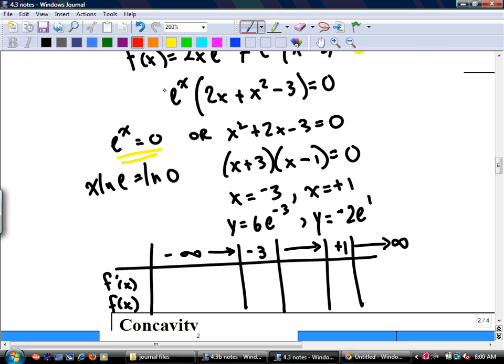Now, we're going to look at the derivative like this to help ourselves out after doing all that good factoring. We should look at it as e to the x, x plus 3, and x minus 1.